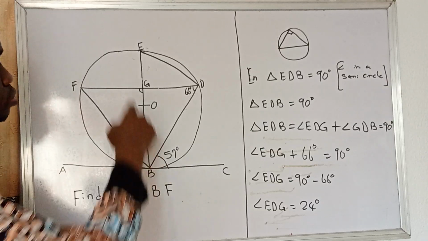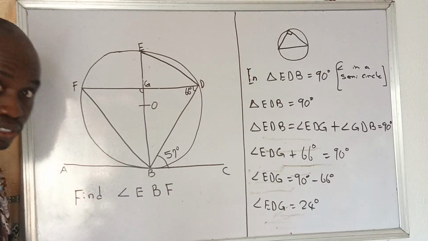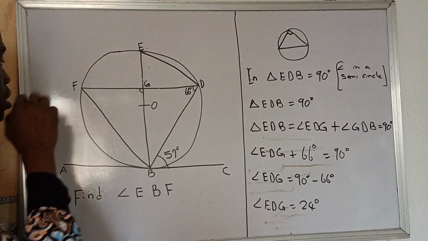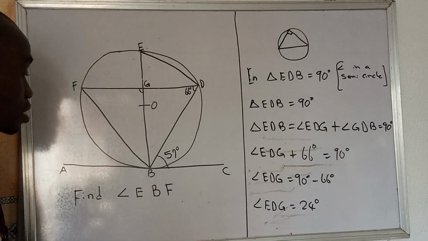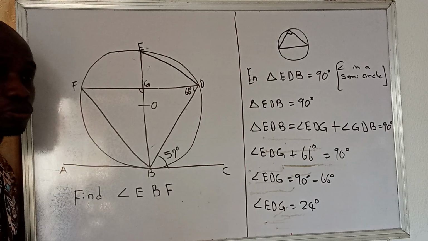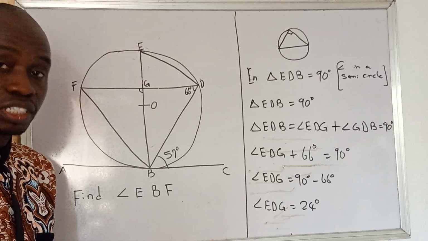For instance, you're having kind of an X. The X is at F and E. The X is at B and D. So that means that what we are looking at is the theorem that says angles in the same segment.